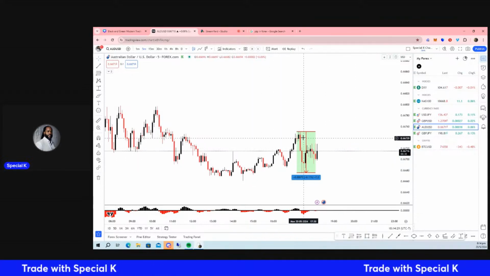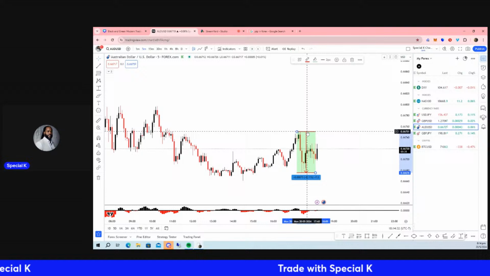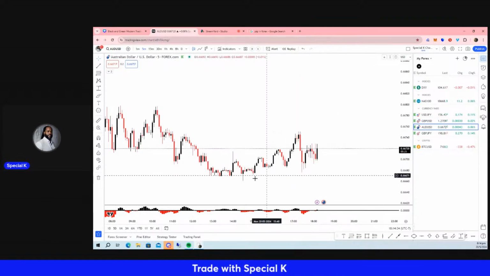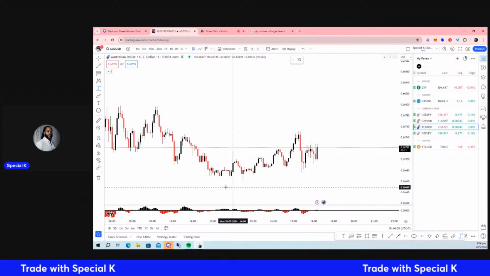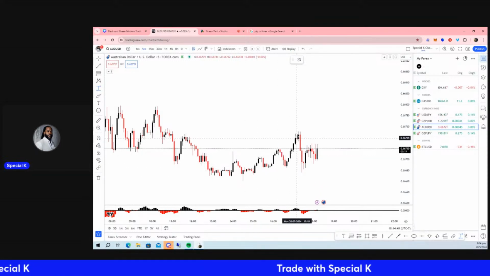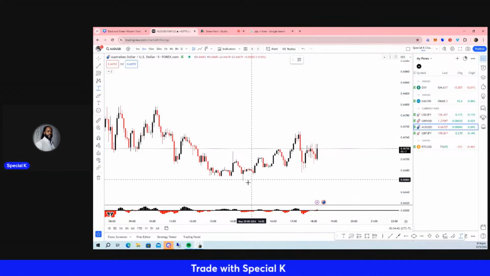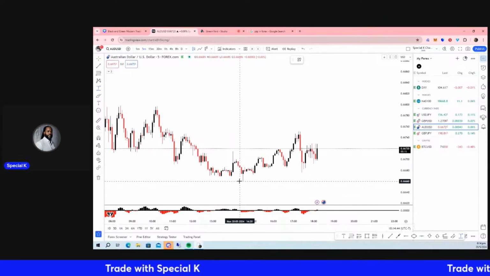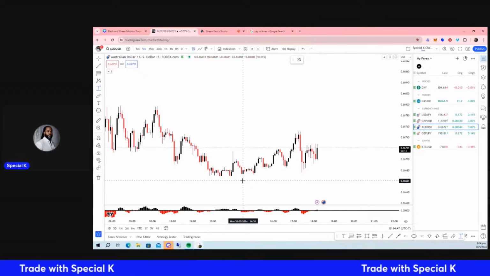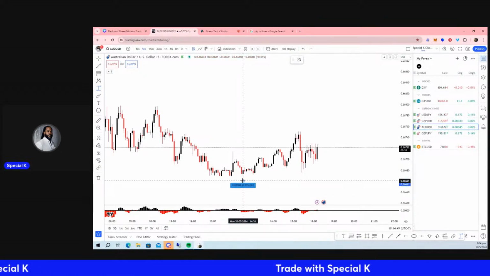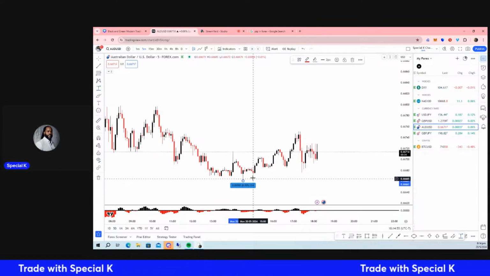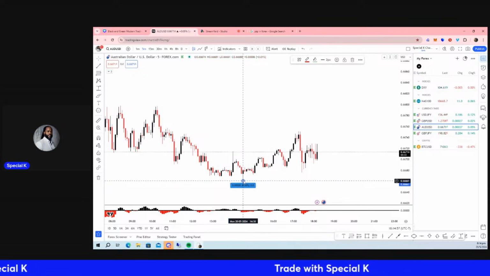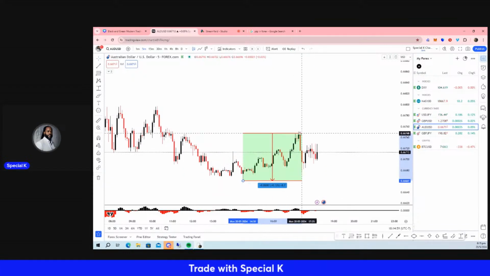So let's do this just so I can drill this into everyone's head. We're going to use that tool again. We're going to measure from the very bottom to the very top. Okay, what did price do during this time frame, right? So we start at the bottom. All the pip does is measure the distance from here to here.